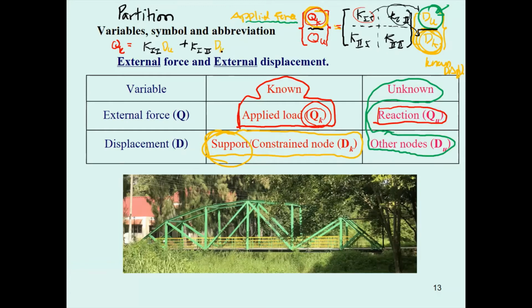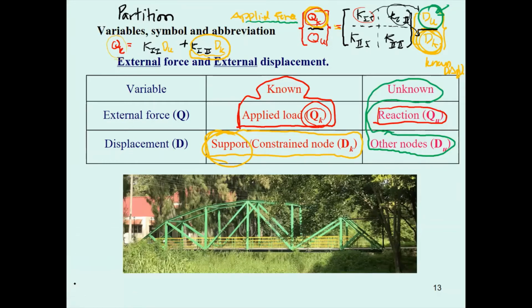That means after doing the matrix multiplication, you will determine this in the form of a value, and then you may deduct it from the Q sub k.